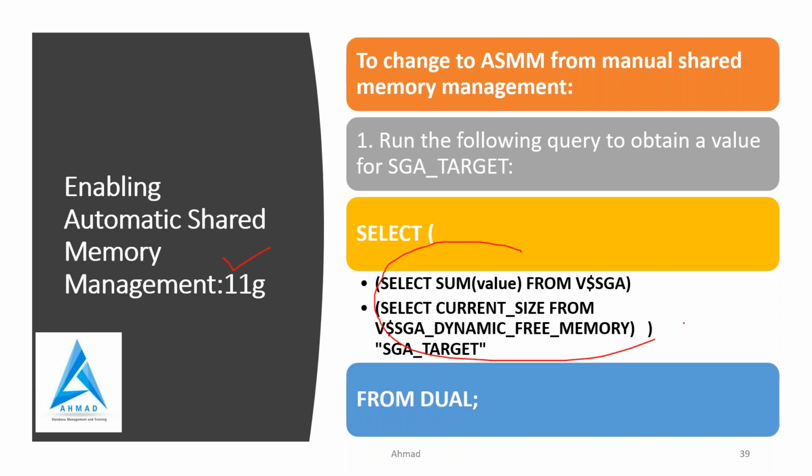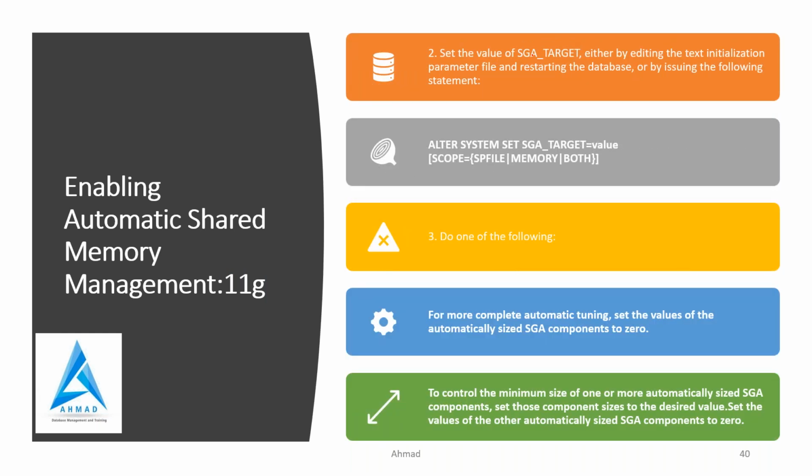So first, you need to check these component values from dual to obtain the value of SGA target, and then you set the value of SGA target. So it means in 11g you can enable only SGA management also by setting the value of SGA target, because Oracle's good quality is that for many parameters and features it will not deprecate or de-support them.